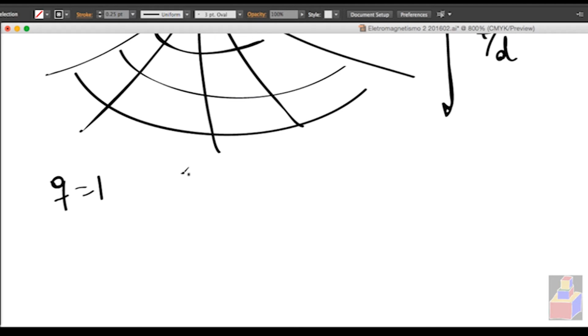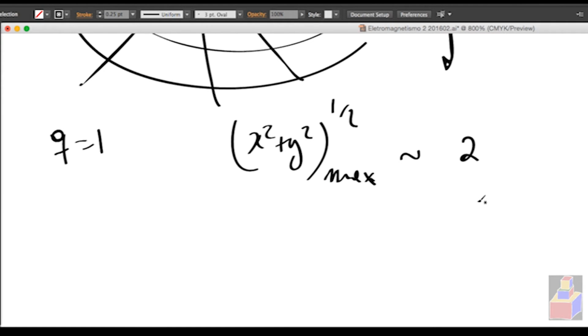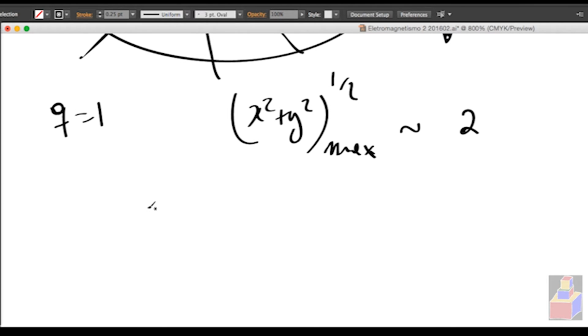And I would say if the maximum value of the distance to the origin in your domain equals 2, okay? I would use d equals 0.05.